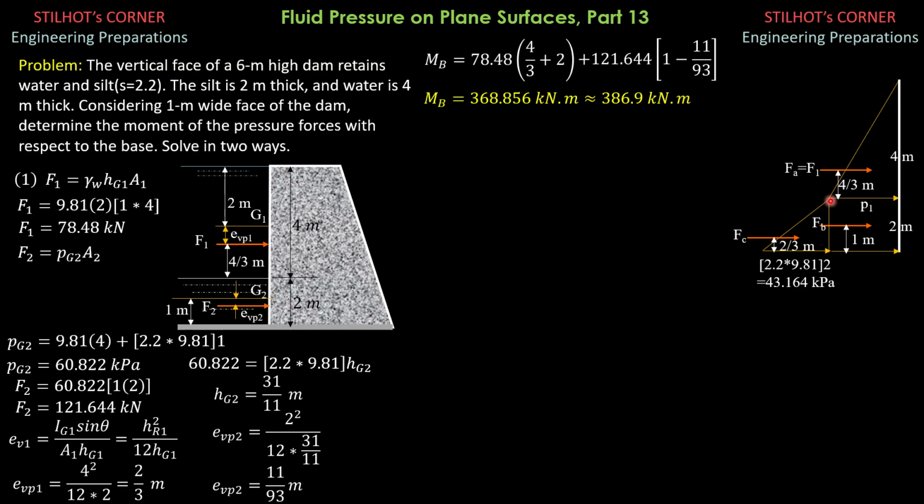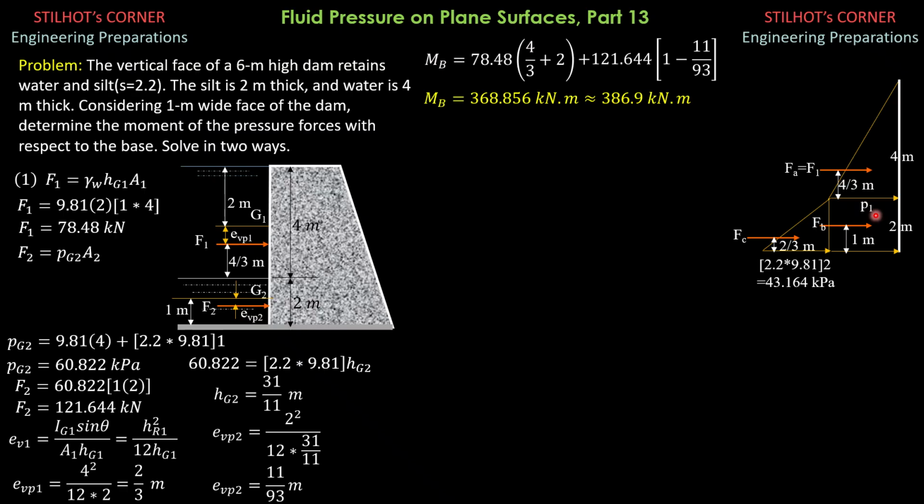Then the pressure we have here is P1, and the additional pressure at the bottom is P1 plus the specific weight of silt, 2.2 times 9.81 times the thickness of silt, 2 meters, so that is 43.164 kilopascals, this pressure here.